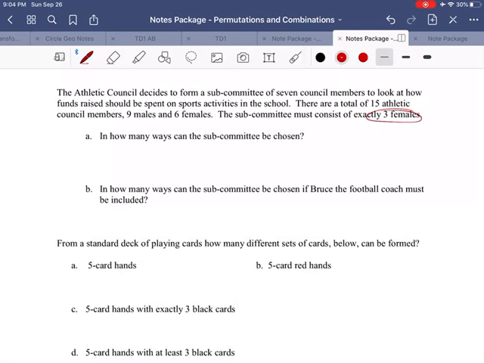If we are selecting a subcommittee of 7 people in total, the first way we're going to have is 3 females and 4 males. So there's 6 females to choose from, so the first part is 6C3, and then there are 9 males to choose from, so 9C4, and we need to multiply these 2.